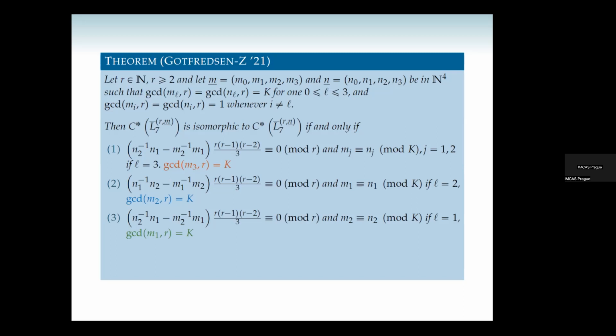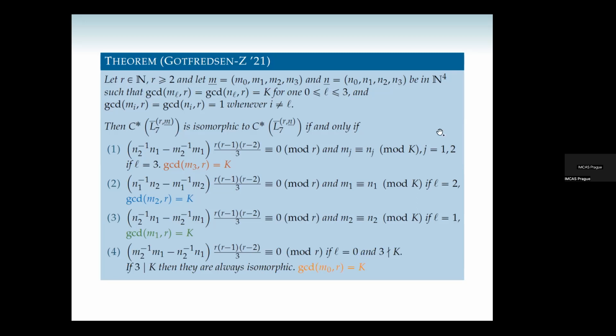So it looks like this, and then for this last case here, we just have the condition from the case where the greatest common divisor is 1 for all of them, and otherwise they're always isomorphic. So maybe this does not tell you that much, but you see that it's an extension of what was obtained for the case where the greatest common divisor is 1 for all of them.